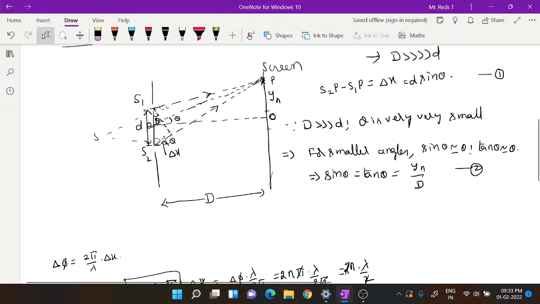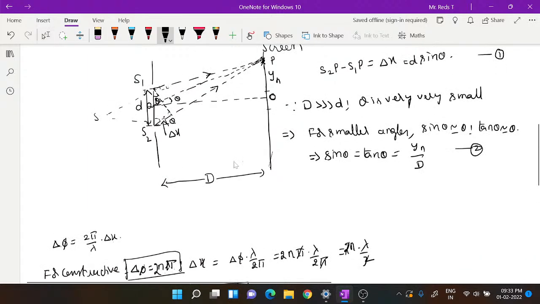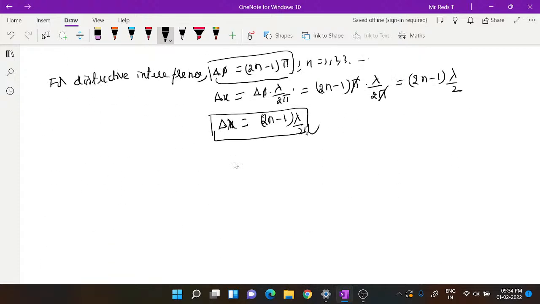Now, after taking equations 1 and 2, as equation 3, for constructive interference, the path difference delta x is equal to n lambda, integral multiples of lambda.